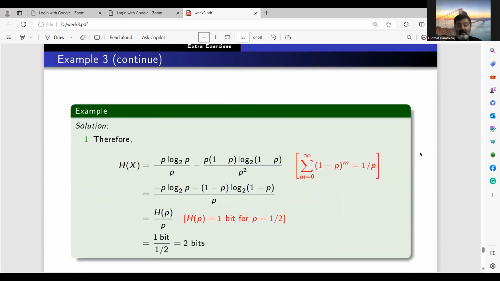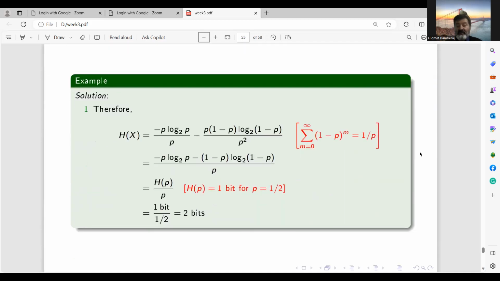Then I can use the fact that the sum of m from 0 to infinite 1 minus p to the power m is equal to 1 over p. Then I get minus p log with base 2 of p over p, minus p times 1 minus p log with base 2 of 1 minus p over p squared.